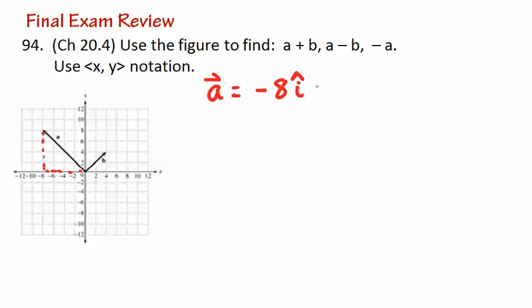Again, it looks like 8 in the vertical direction, so there's our i and j notation. And vector B is 4 in the positive x direction and 4 in the positive j direction.